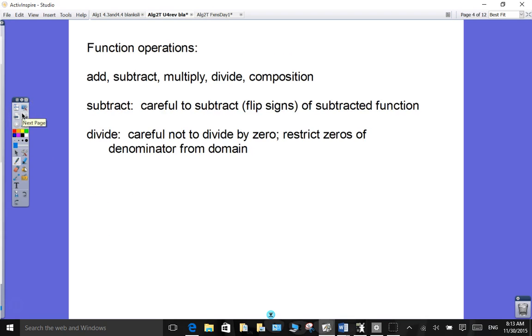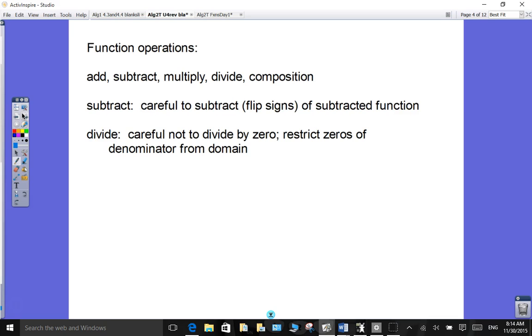Function operations. We added, we subtracted, we multiplied, divided, and then we took compositions, which was a new thing. So remember, for subtraction, if you're subtracting a function which has more than one term, make sure you're subtracting all those terms. It's going to flip the sign. And if you divide, be careful not to divide by 0.